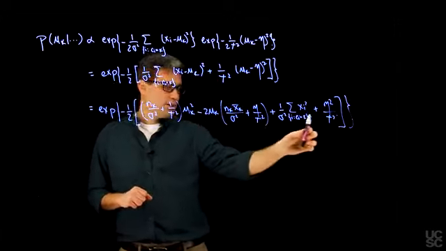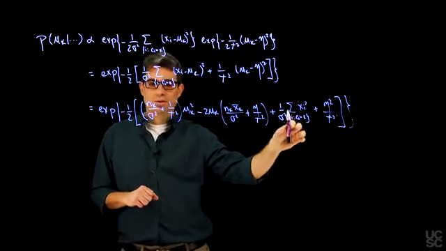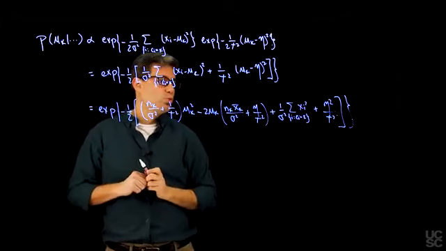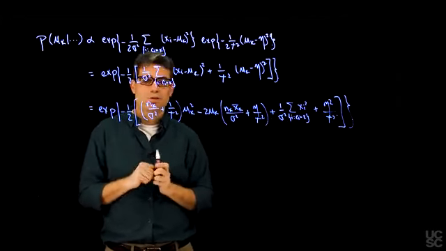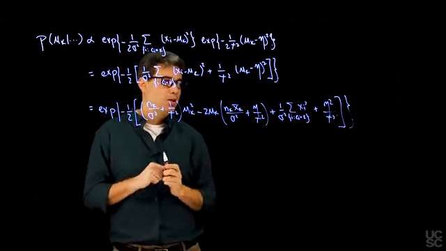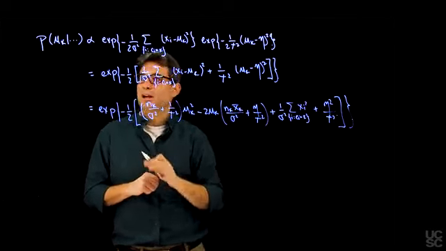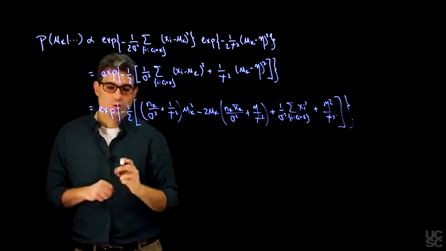Now, as you can see, this expression here doesn't really depend on mu sub k in any way, so I could break this into two exponential terms that multiply each other, and because the one that involves these terms doesn't have mu sub k, it can be dropped out of the proportionality.